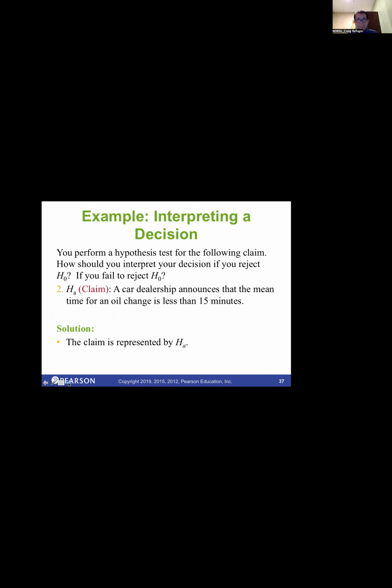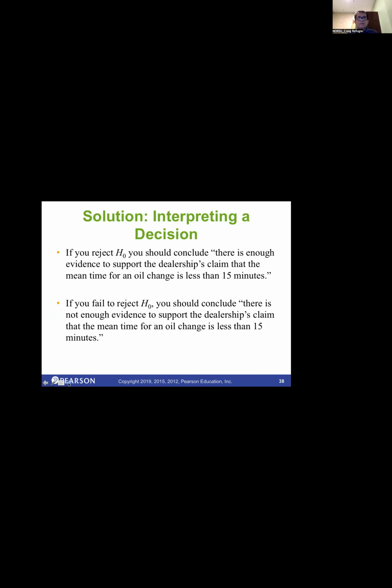The claim is HA. So we reject H0. Where did we get there is enough evidence to support the dealership's claim? From the template. And state the dealership's claim. If you fail to reject H0, where did we get there is not enough evidence to support? This is from the template. Reject H0. The claim is the alternative hypothesis. Then to support the dealership's claim that the mean time for an oil change is less than 15 minutes.